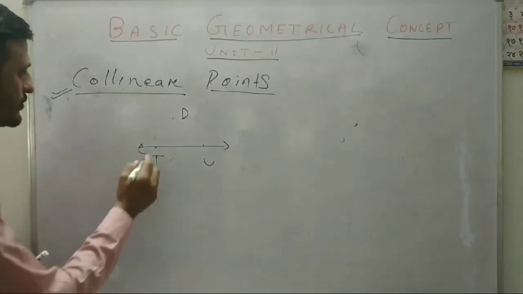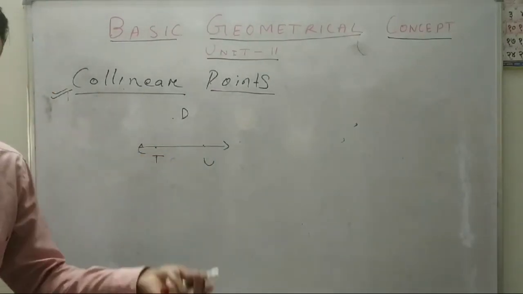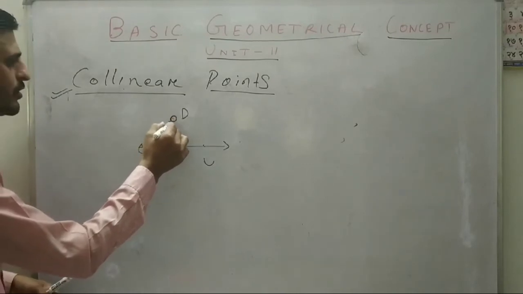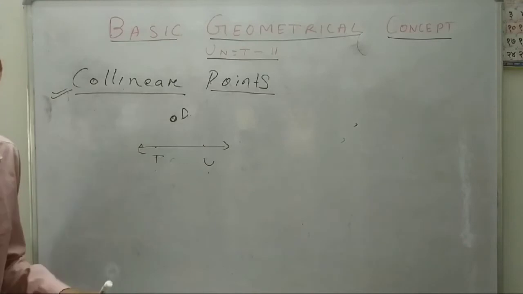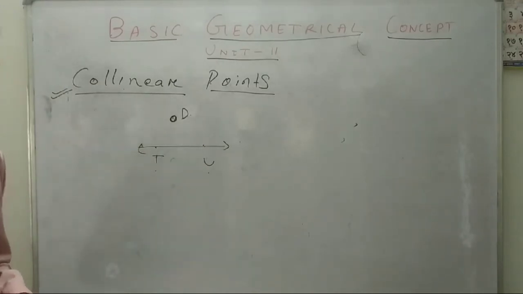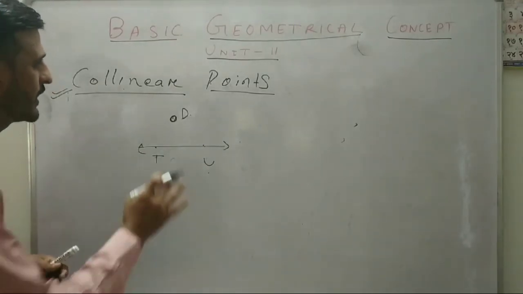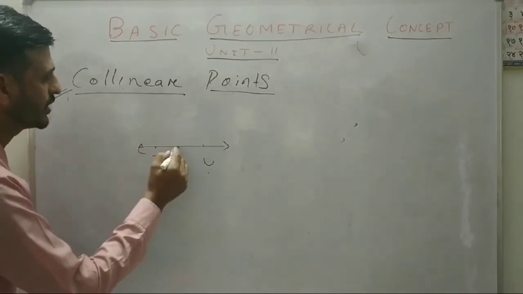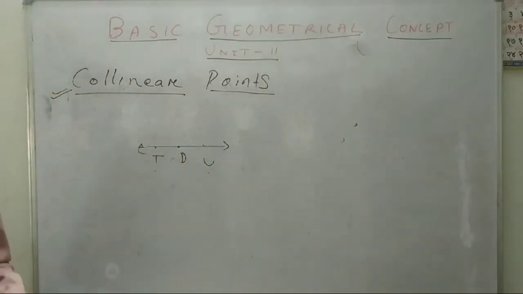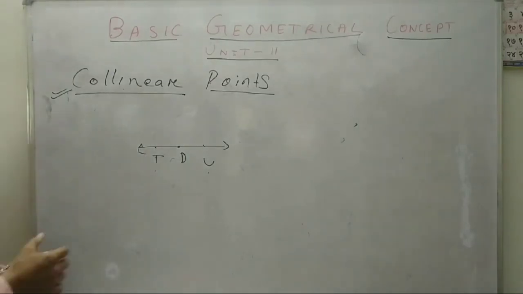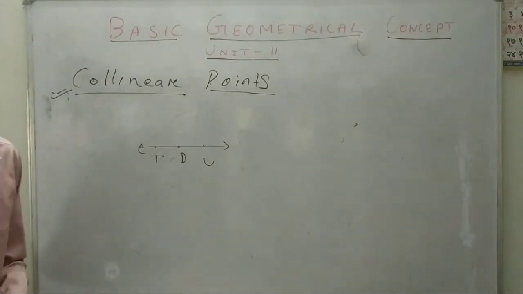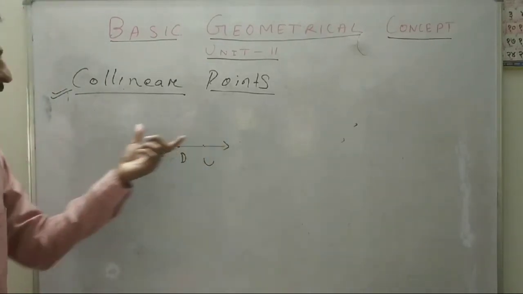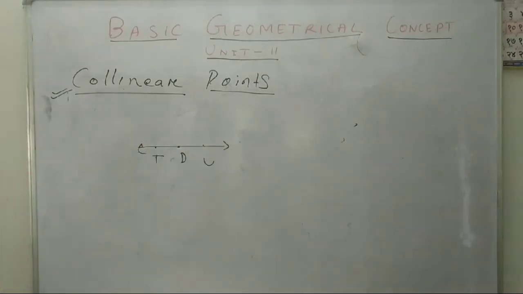No, because these 2 points are on the straight line, but this point D is not on the straight line. So these 3 points are not collinear. If it were collinear, then this point D must be on this straight line. So this is called the points of collinearity. When 3 points are on the straight line, these points are known as collinear points, and this property is known as points of collinearity.